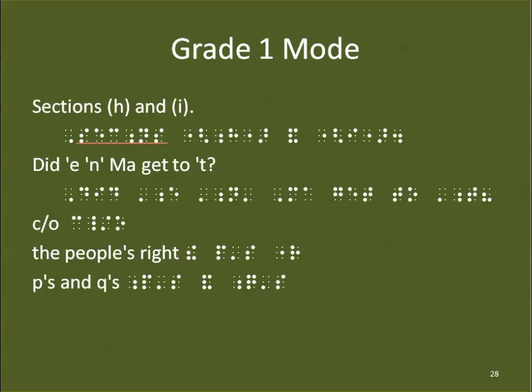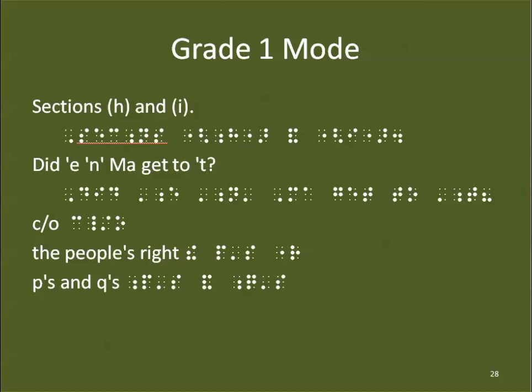So we have basically spaces on either side of that N, the apostrophes notwithstanding, so we need that grade 1 symbol indicator in front of that N, so it's read as N, not the word not. And same principle with the ending T there. We have an apostrophe on one side, a question mark after it. Those things do not affect standing alone status, so we need the grade 1 symbol indicator.